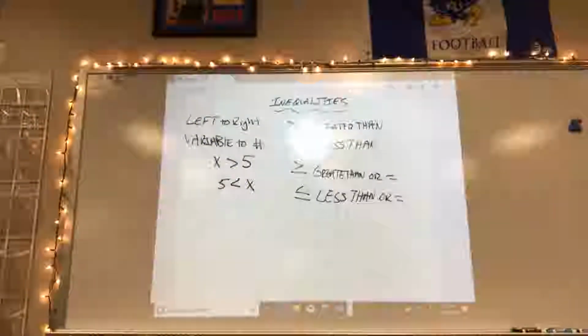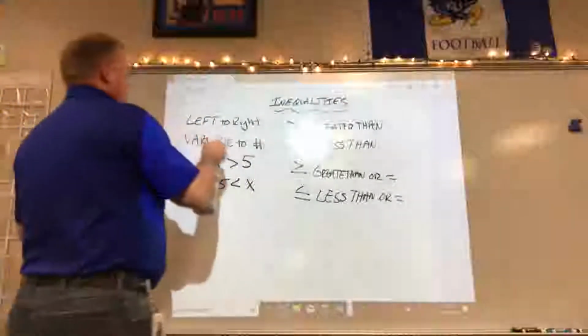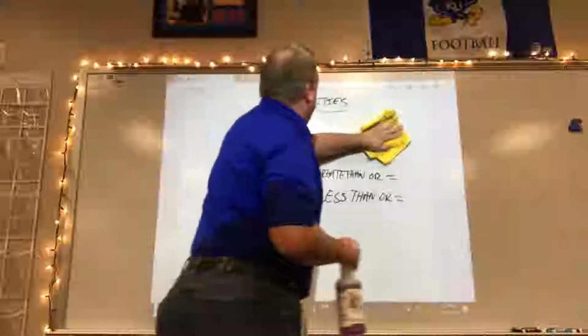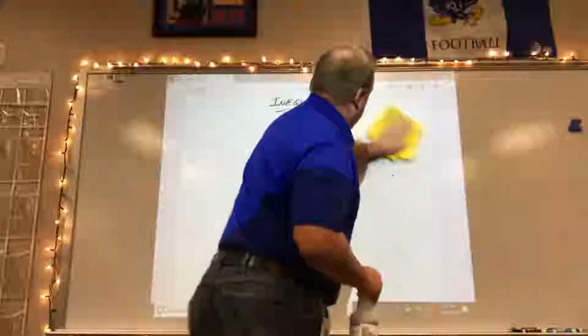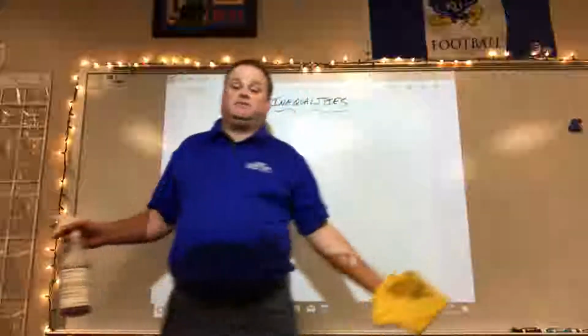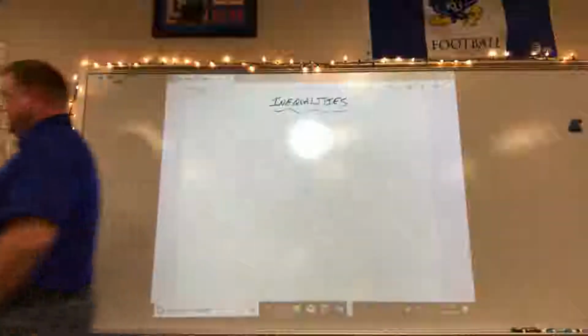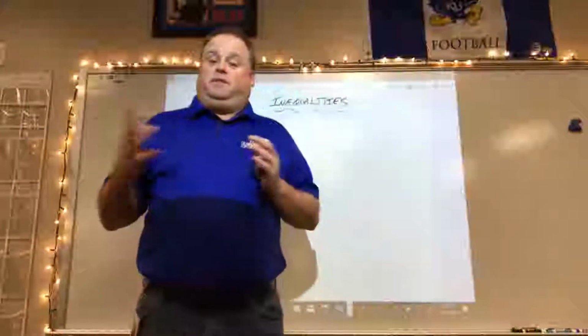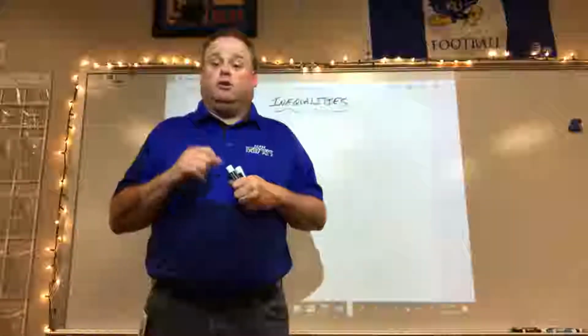The other part, and let me erase this so I can get some room. The other part of this is there's a big rule that I know you haven't gotten since I've taught blue class already. I know we don't know about flipping the inequality sign, so I'm going to go over it real quick.